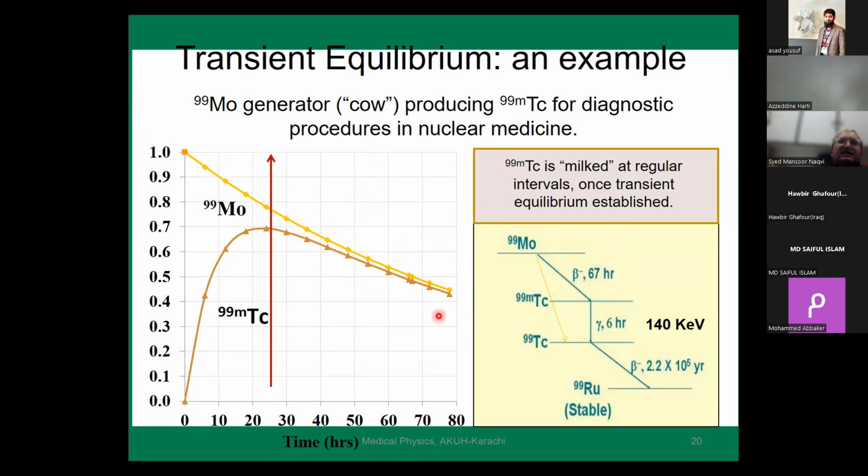And you can see that here is the decay scheme for the molybdenum. It decays to technetium-99m by emitting radiation.